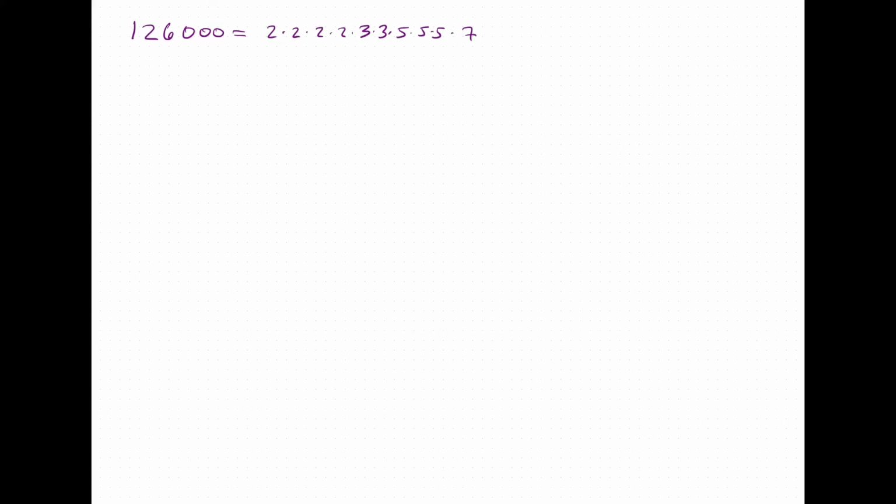But now we want to be lazy. We want to collect the exponents. And so we have that this is equal to 2 to the 4th times 3 squared times 5 cubed times 7. And so now I'm going to introduce the following notation.